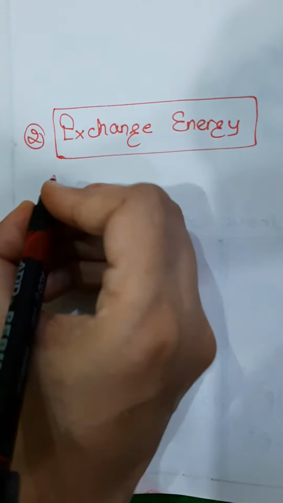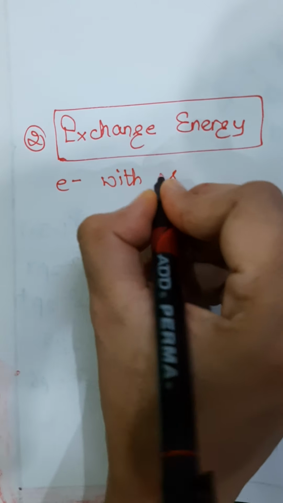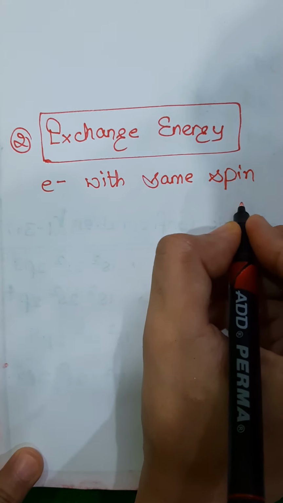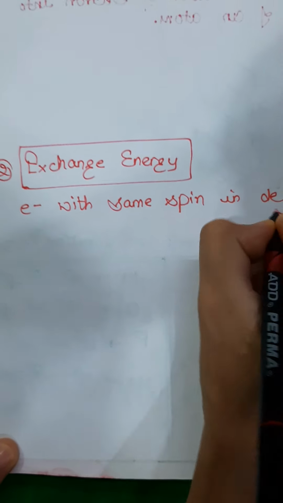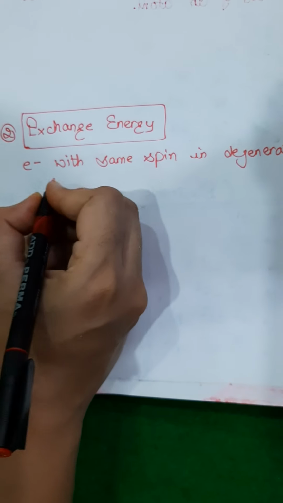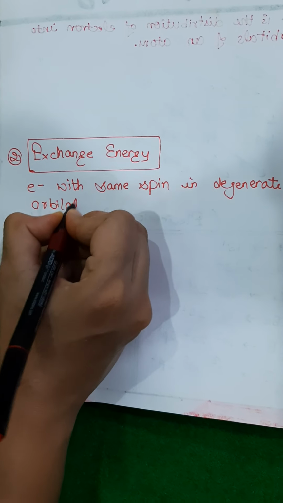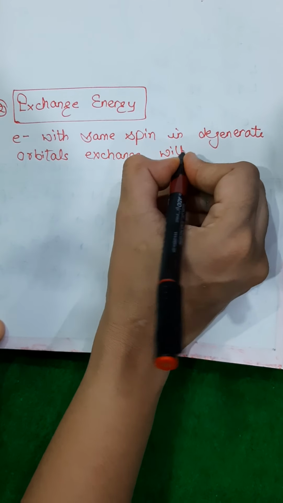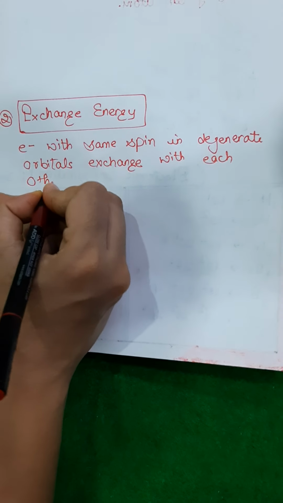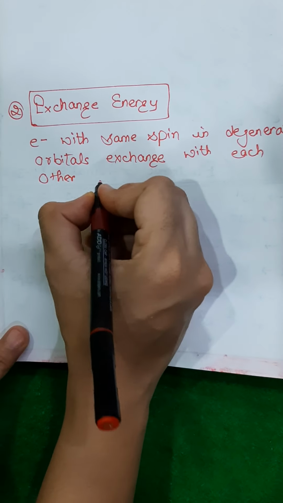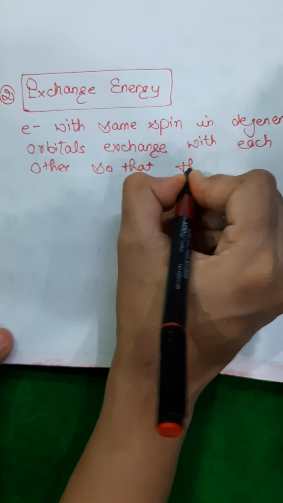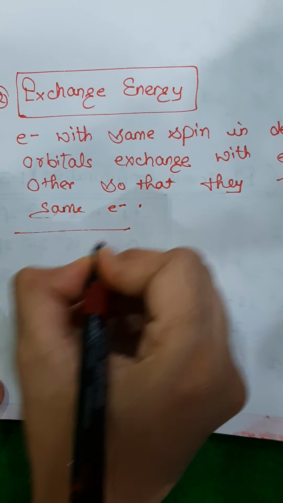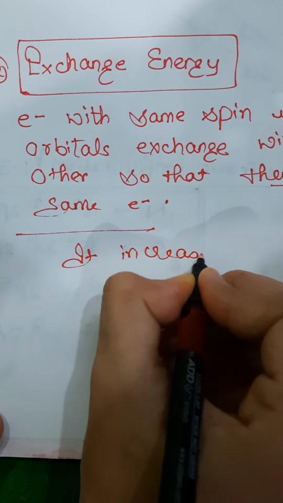Exchange energy means electrons with the same spin in degenerate orbitals exchange with each other so that they have the same energy, and it increases our stability.